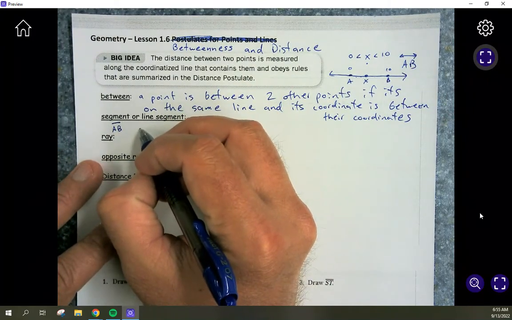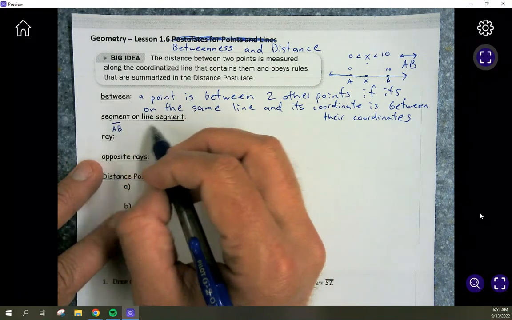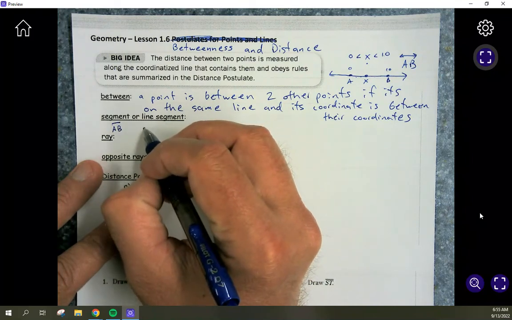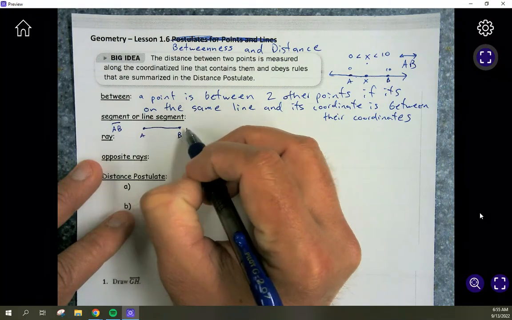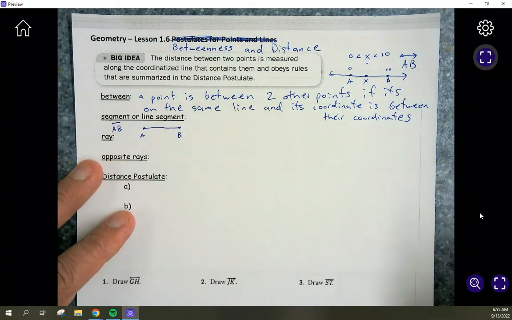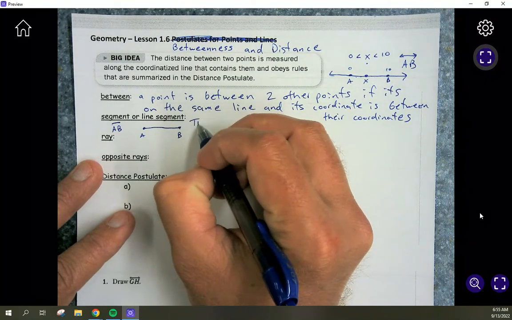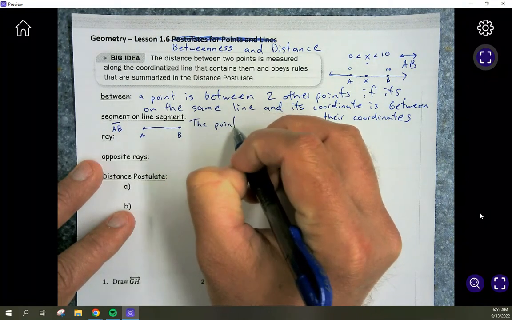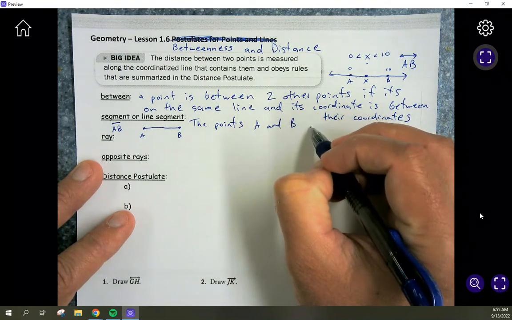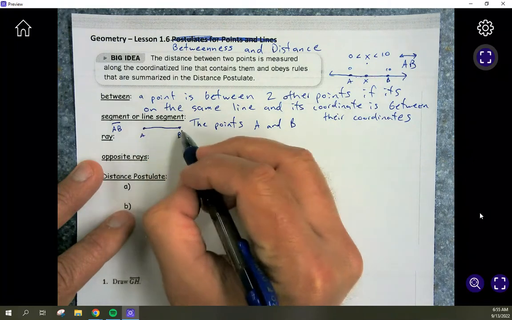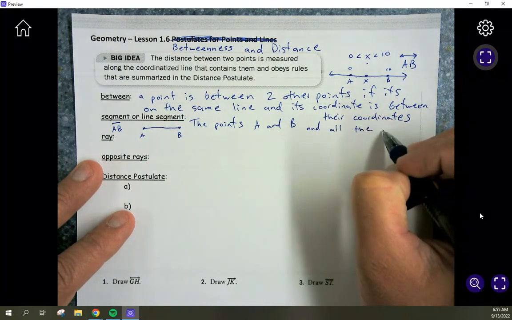So if I was on a number line, well, I don't even want to put the arrows on the number line because I want you to see that there's endpoints here. So we've got A and B, and there's nothing else that goes to the left or to the right of them. So the actual definition here: the points A and B, so those are your points, and all the points between them.